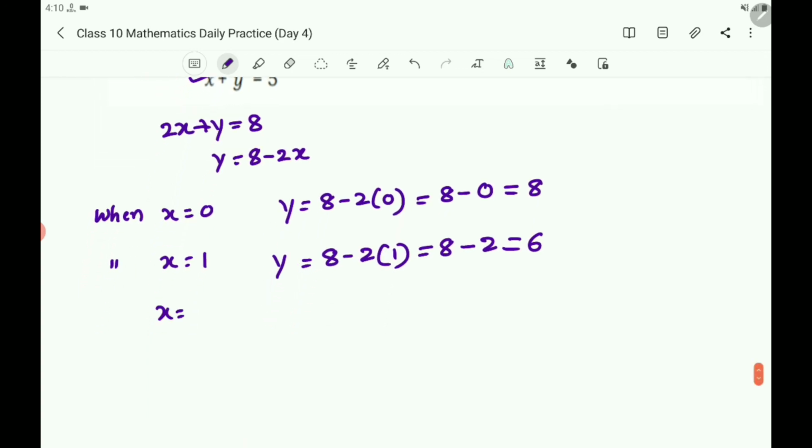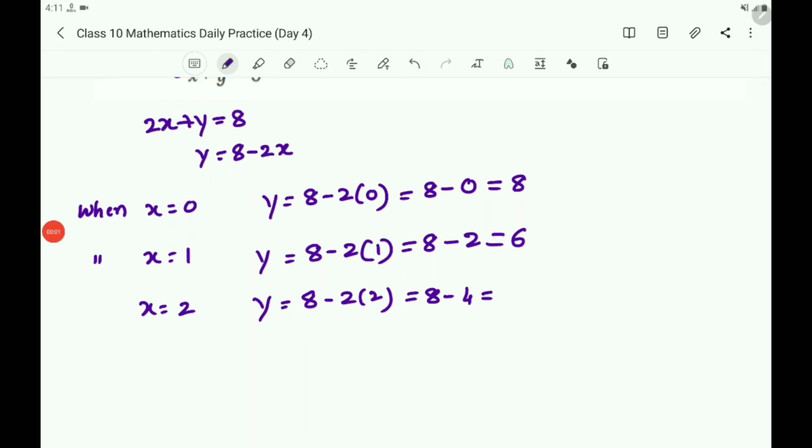Then x equals 2, y equals 8 minus 2 into 2. 2 twos are 4, so 8 minus 4 equals 4. So you got when x equals 0, then y equals 8.